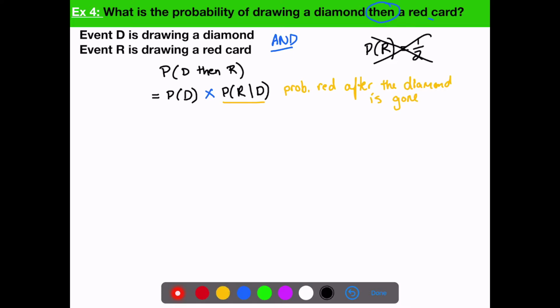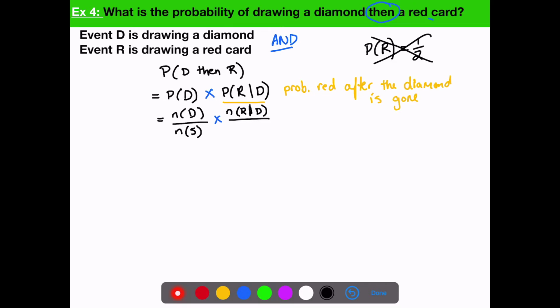Okay, so now if we convert that to cardinality statements, number of diamonds over number of cards in the deck, number in my sample space, cardinality of my sample space, times cardinality of this is going to be, again, the exact same thing that's in the brackets, number of red, given that we've already pulled out a diamond.